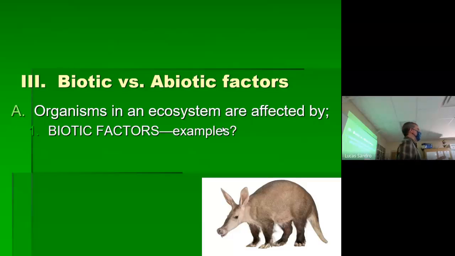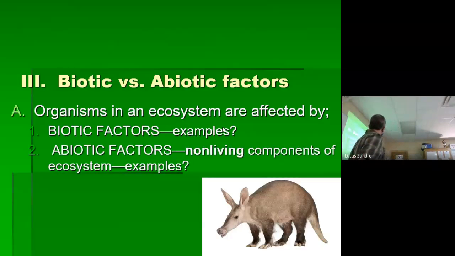And you'd say, okay, well, the aardvarks go away, there'll be more termites. But that's fine. What else would happen? Well, it turns out what else would happen is if the aardvarks went extinct, there'd be 15 other species that didn't have a place to live. So sometimes abiotic factors are sneaky. I'm sorry, sometimes biotic factors are sneaky. And then abiotic factors are hard because that's what we think of.